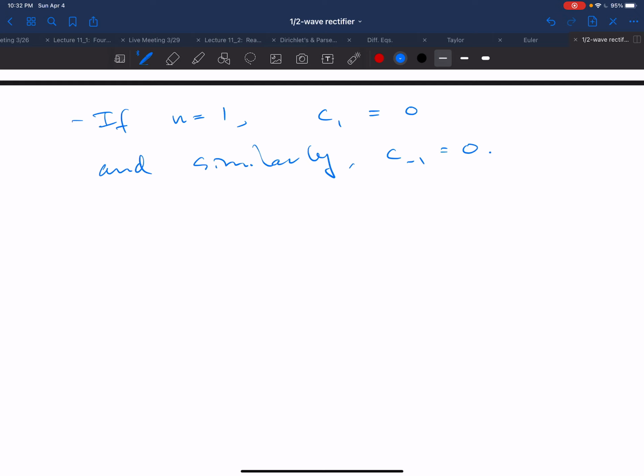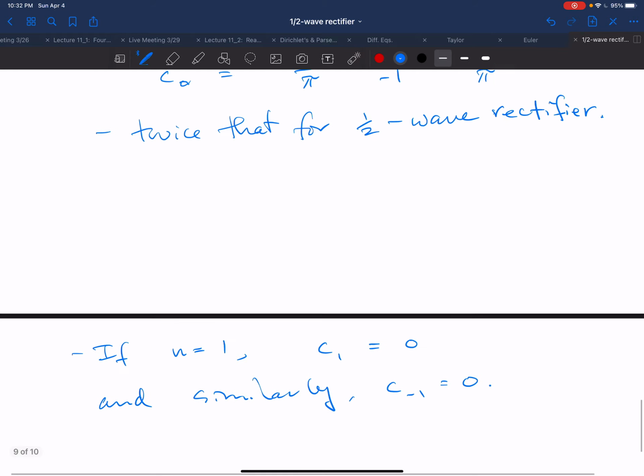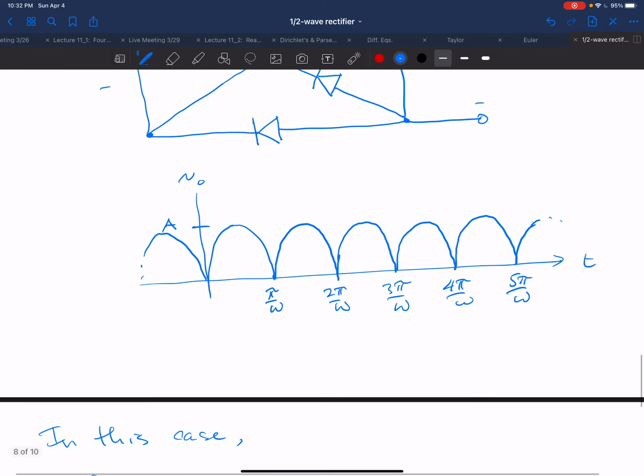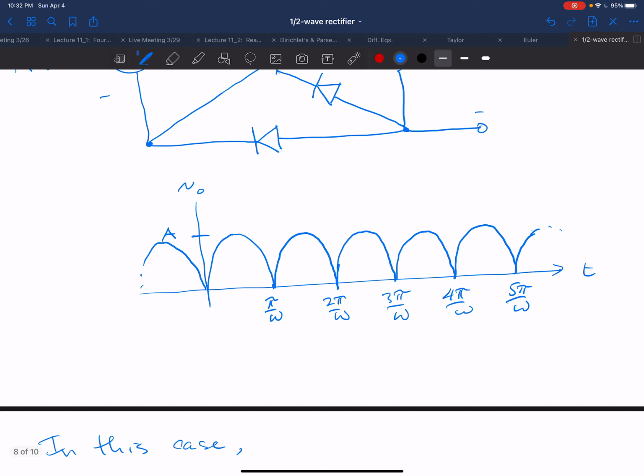And this makes a certain amount of intuitive sense, because if you look at the period of this signal, it has a period that is half that of the input signal. So the lowest frequency sinusoidal component is going to have twice the frequency of the input signal. We won't have any component that has the same frequency as the input signal.